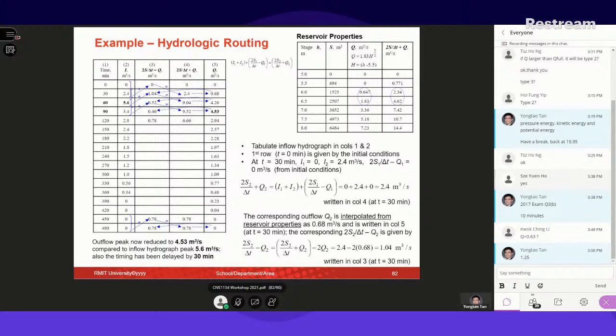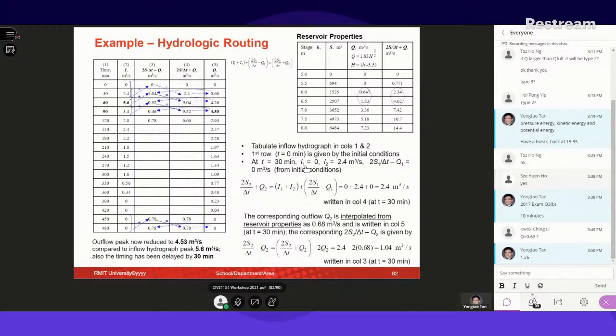The first row represents time 0, given by the initial conditions. So for the first row, 2S, S, and Q are all 0. Next, we move the time by 30 minutes.